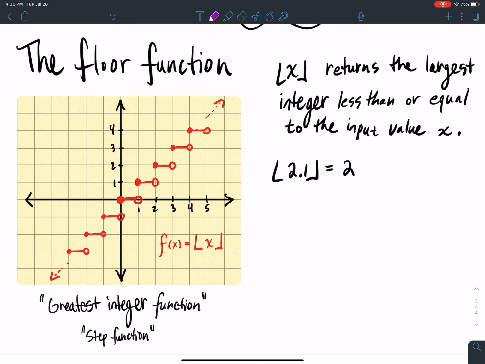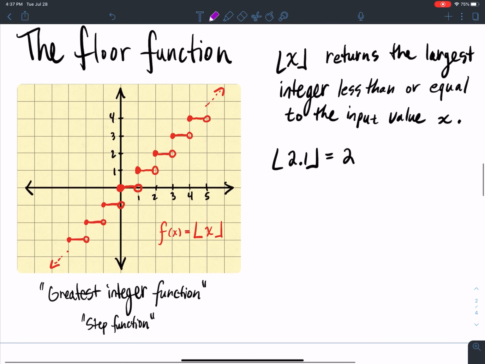Can you buy a soda? No, you can't. It costs at least $1 to get a Coke. So the greatest integer function for 25 cents, 0.25, will return 0 Cokes for you because you can't buy any Cokes with 25 cents.